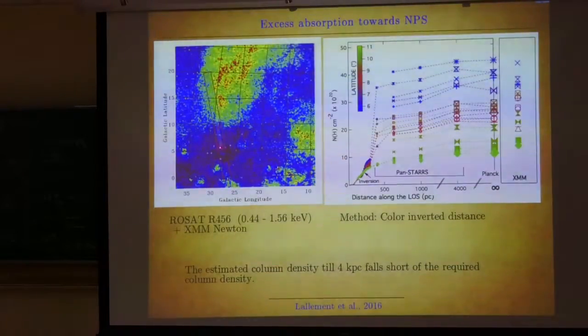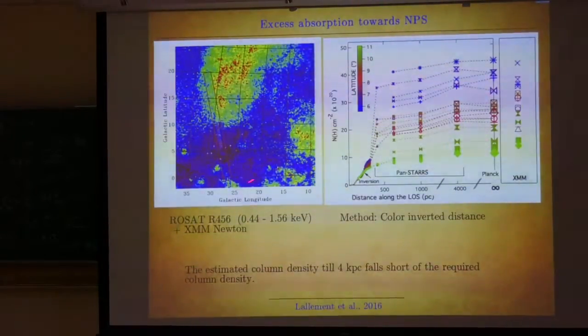If you can see, there are small circles along this red box, and these are the XMM-Newton pointings to obtain spectra towards the North Polar Spur.